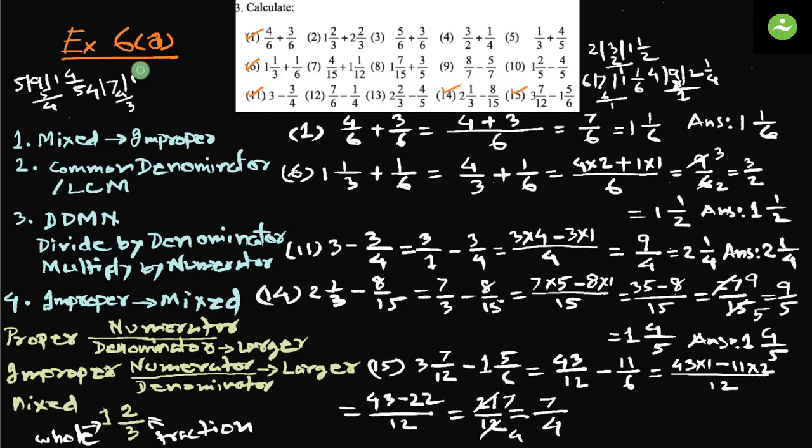So 1 and, always divide by 4 means 4 should be the denominator, 1 and 3 over 4. That is the answer. Answer: 1 and 3 over 4.